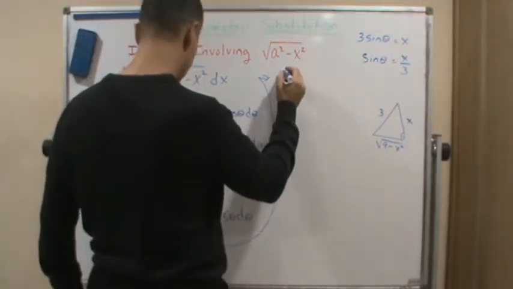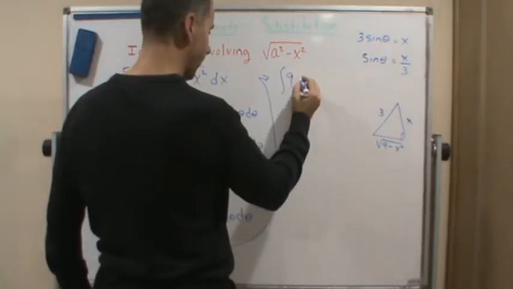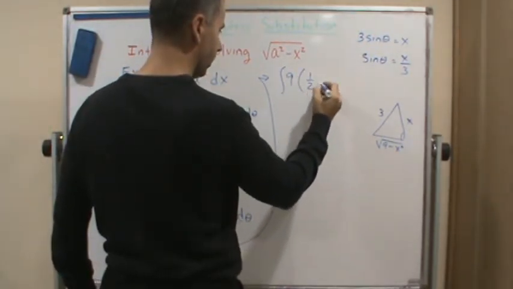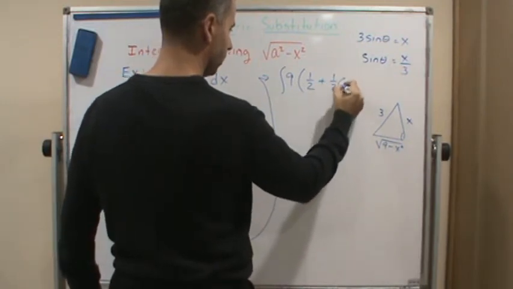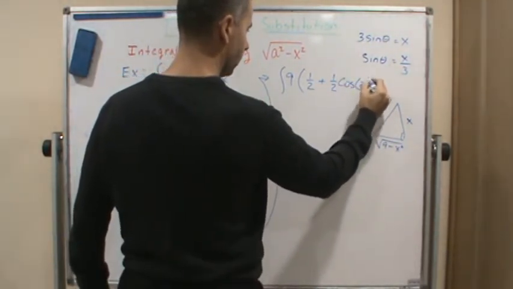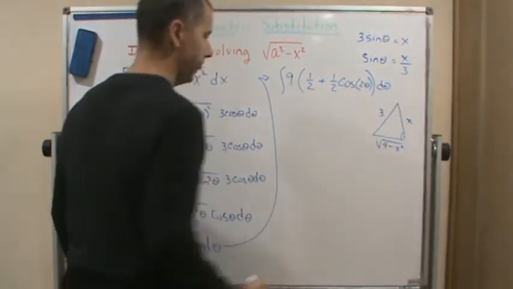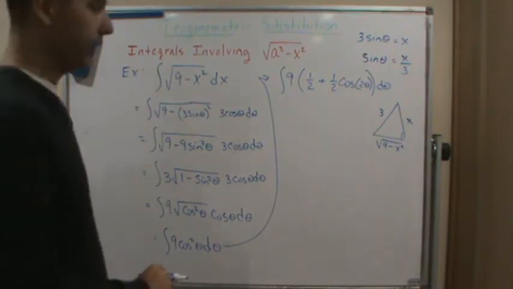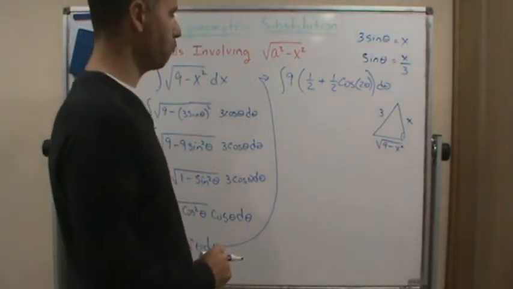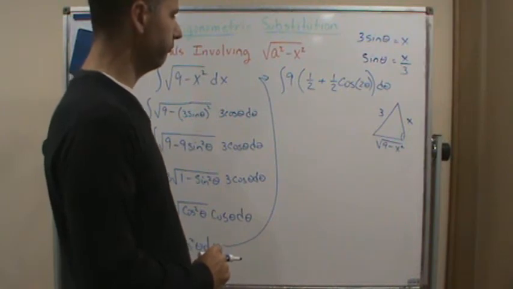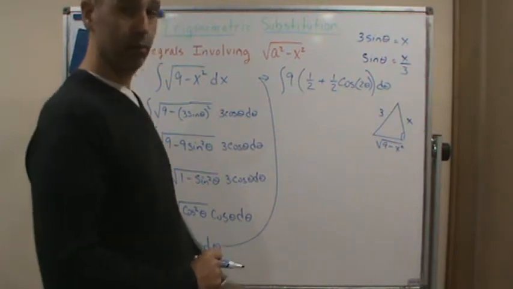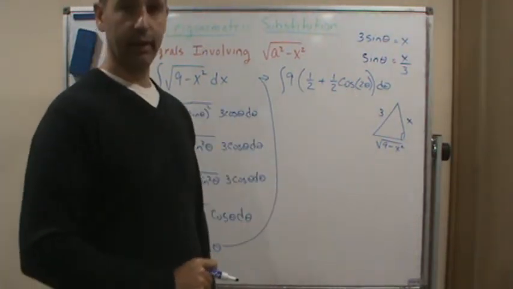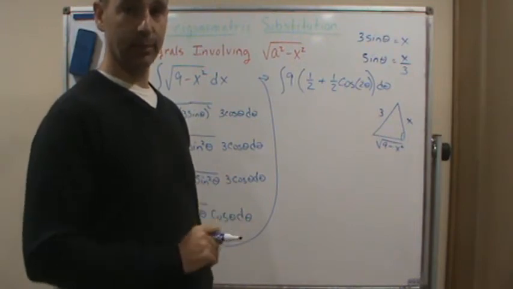So it's going to be the integral of 9 times 1/2 of that, using the double angle identity. Now I've got cosine without the squared, and this is going to be easier to integrate.